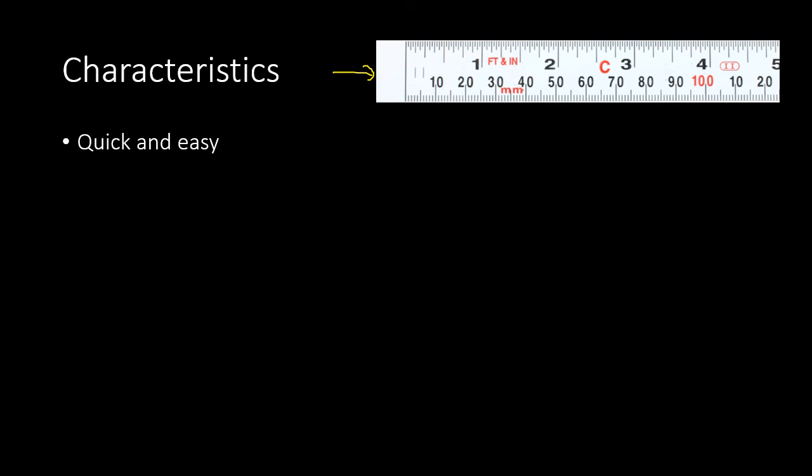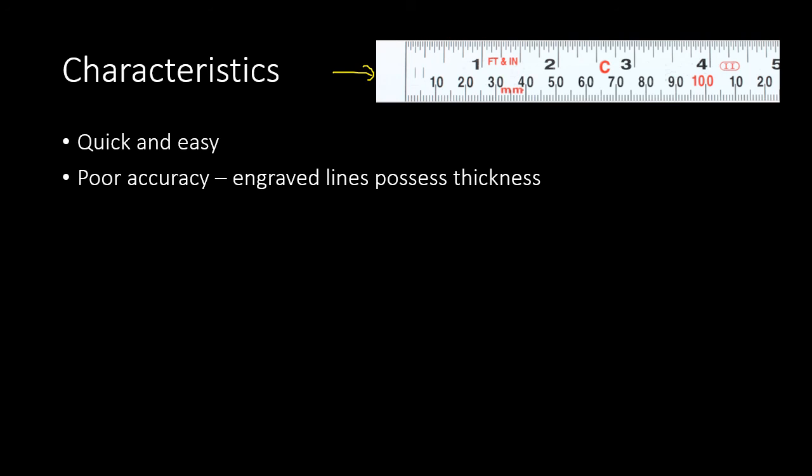The measurements taken using a measuring instrument based upon line standard are quick and easy, but have poor accuracy because the engraved lines possess thickness. As you can see in the picture or even the scale that you have, each line on the scale has a thickness, and that's why the accuracy is compromised.